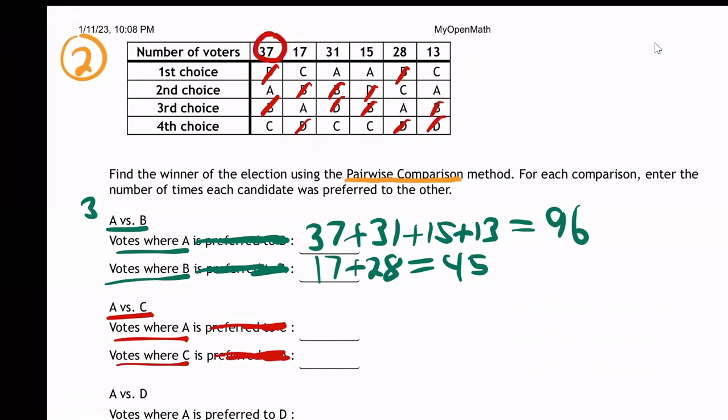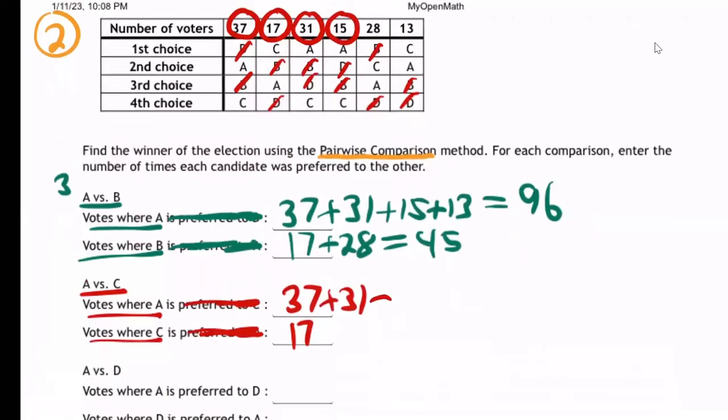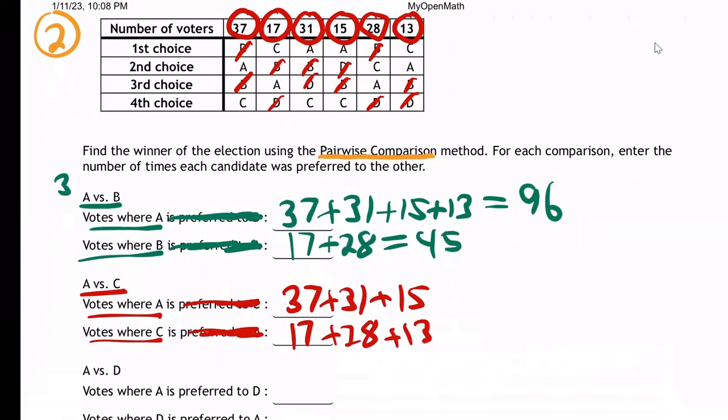I'm just doing A and C. So these 37, A. These 17, they have C higher. These 31, A. These 15, A. These 28, C. And these 13, C. And so you've got to add those up.